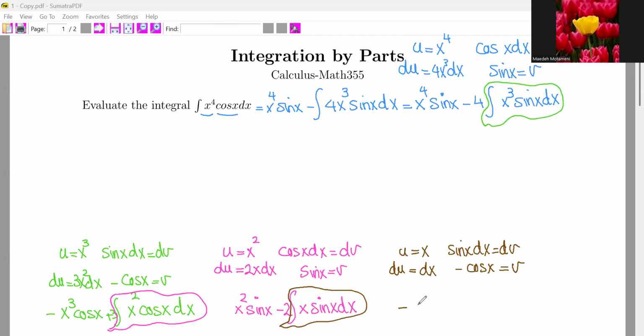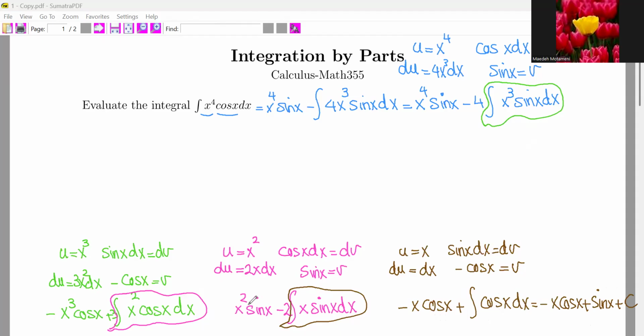So uv will be negative x cosine of x minus the integral of v, which is negative, so this would be positive dx. Now we can find the answer. This one would be negative x cosine of x plus sine of x. And it is enough to just write 1 c for all of them.